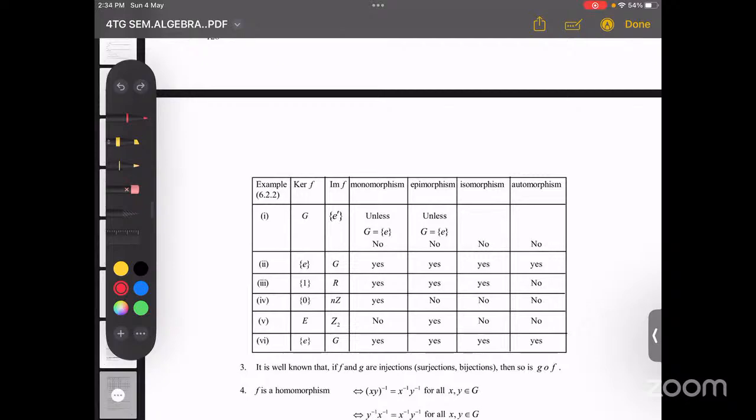Next, if you see unit 8, page 167, 8.3.5: every field is an integral domain, but the converse need not be true. This is an important one. Next, page 168, 8.3.6: every finite integral domain is a field.